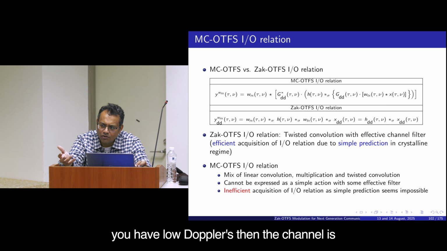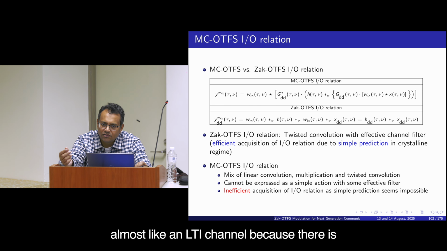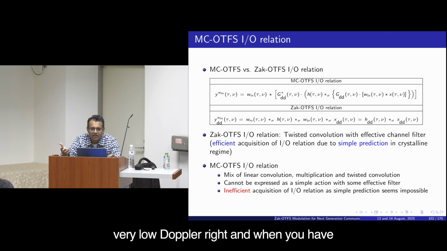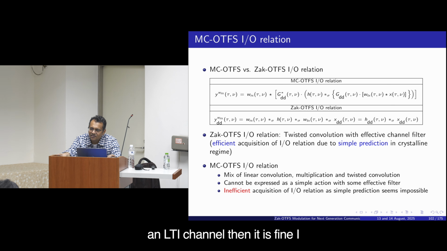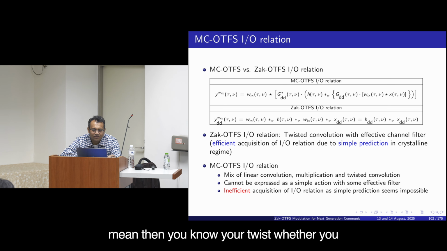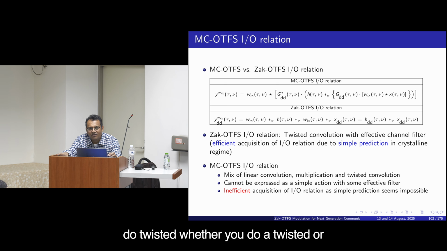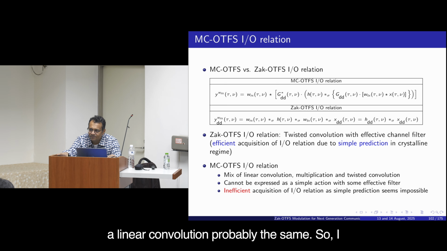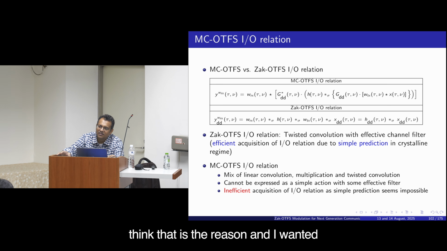When you have low Dopplers, the channel is almost like an LTI channel, because there is very low Doppler. And when you have an LTI channel, then it's fine. Whether you do a twisted or a linear convolution, they're probably the same. So I think that's the reason.